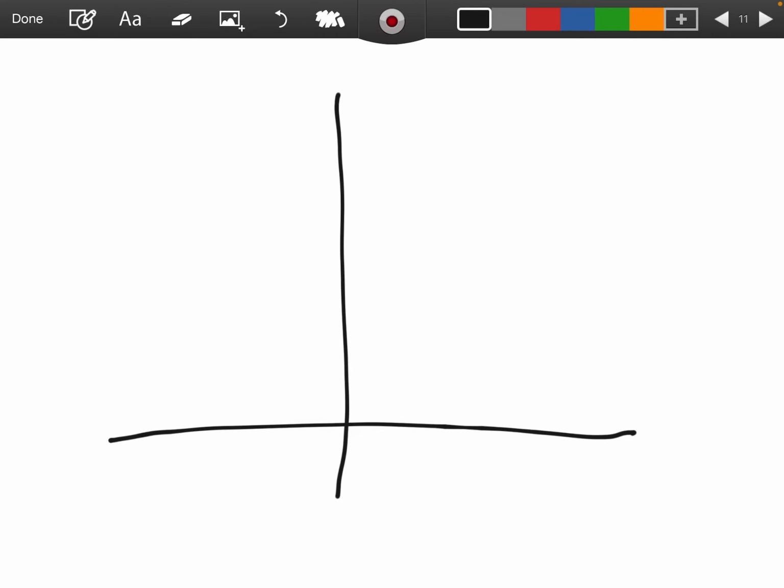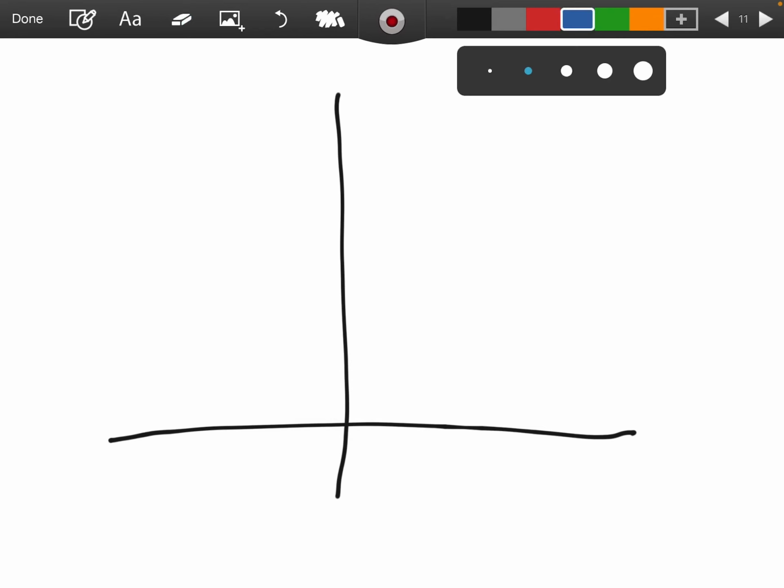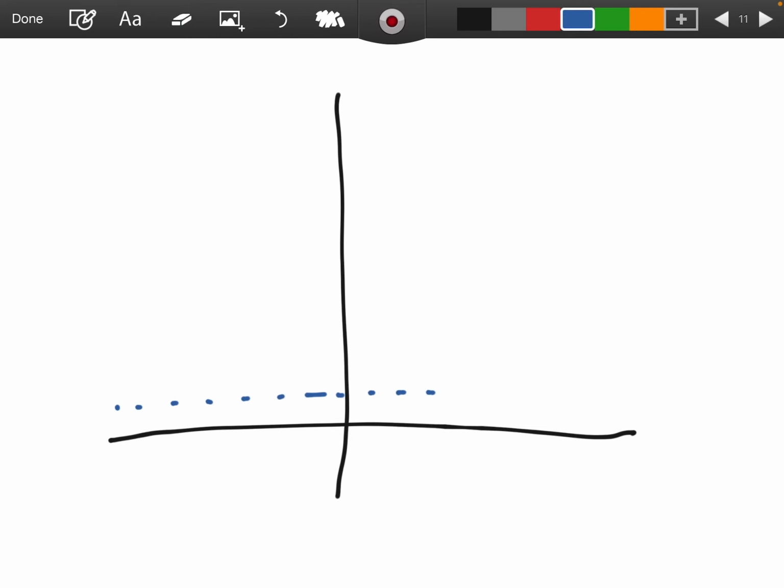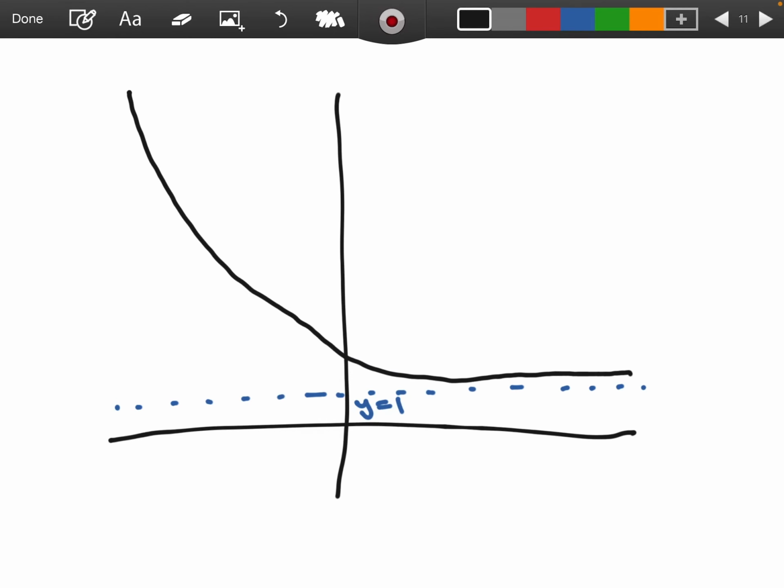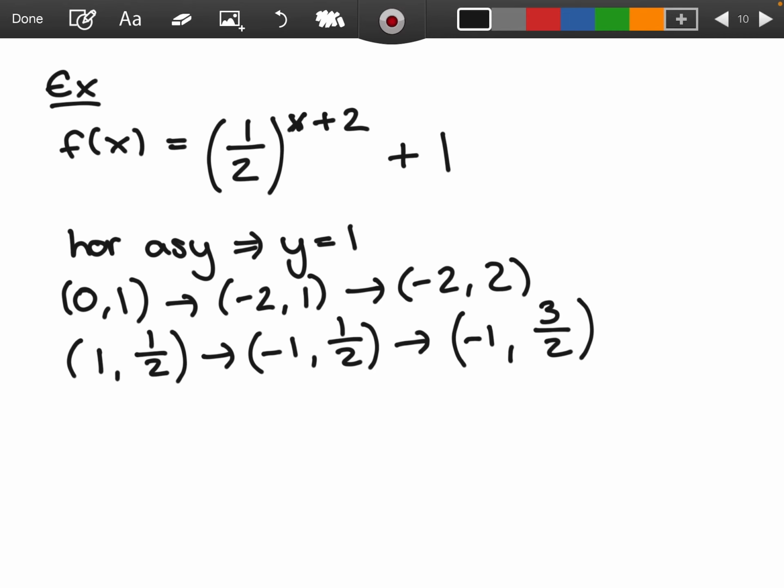Now I start out with the graph of 1/2 to the power x, so I know that it's going to fall as I go from left to right. I've then shifted to the left by 2 units and then shifted up by 1 unit. So I know that my horizontal asymptote is now at y is equal to 1. And then when I draw out this graph, I end up with something like this.